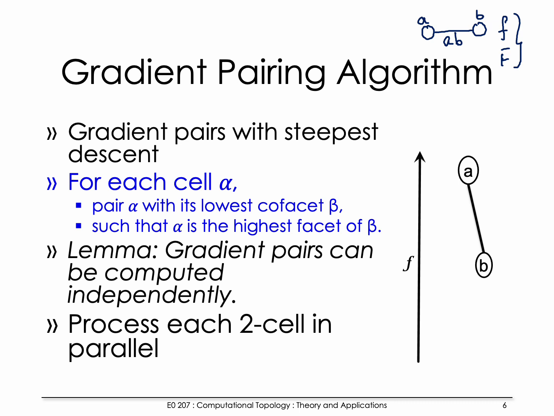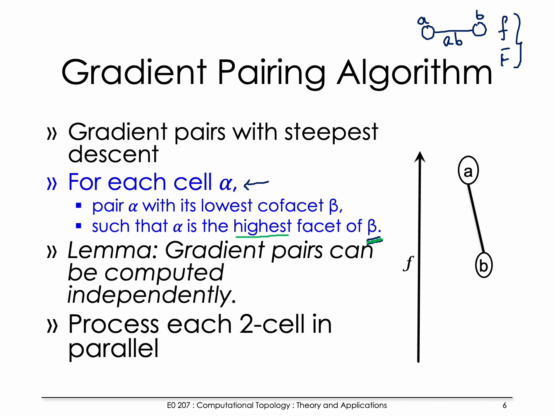Now for each cell alpha, this is how we find the pair. You choose all co-facets beta for which alpha is the highest facet.